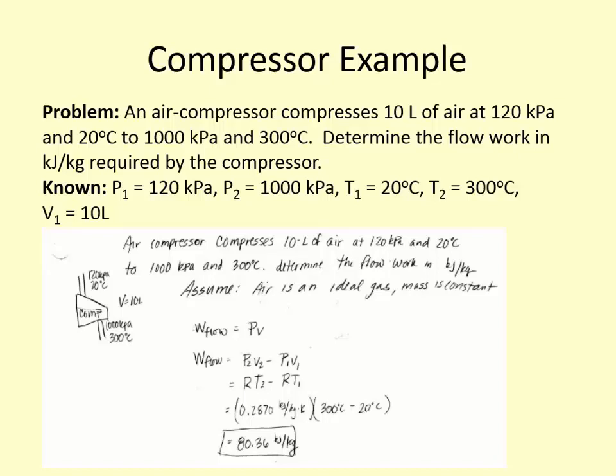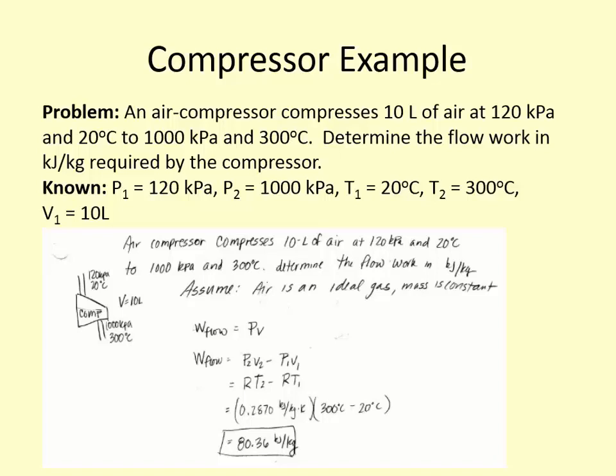Okay, we know the total volume, right? So we could calculate it using the mass. Do we know the mass? No, we don't know the mass. But what do we know? It's an ideal gas, right? We know how to relate pressure, specific volume, and temperature together.